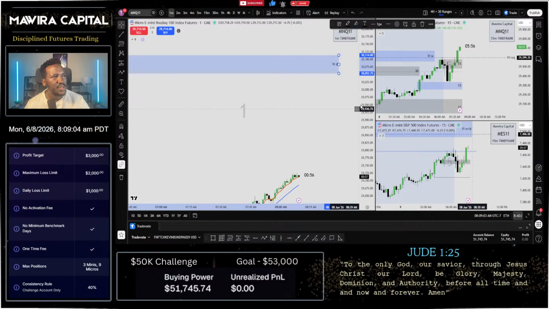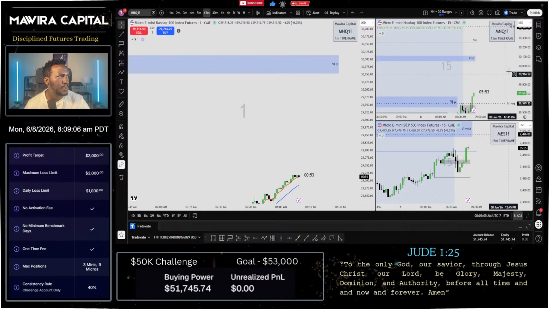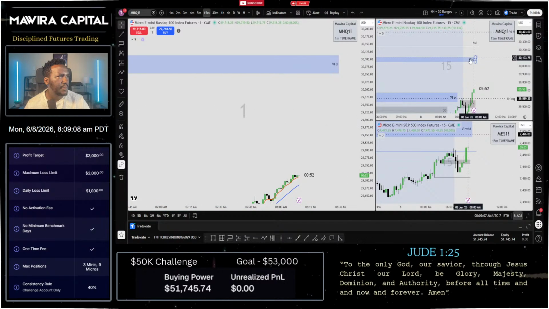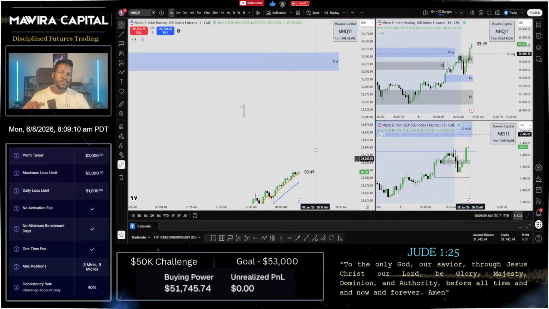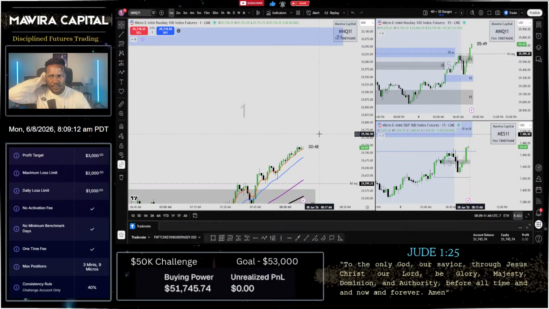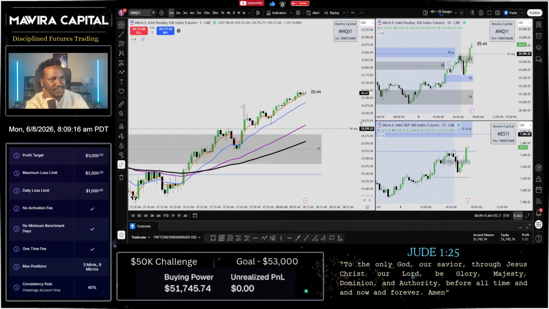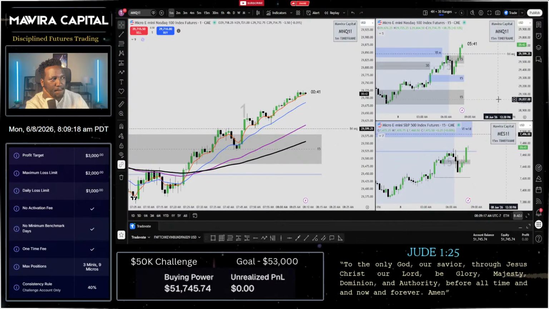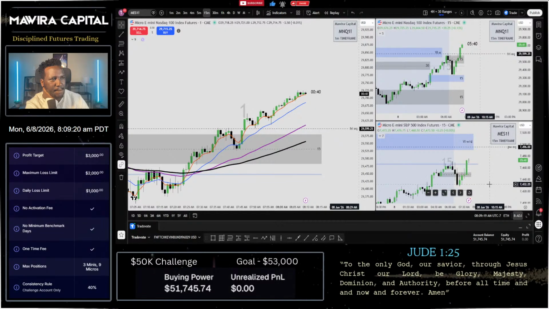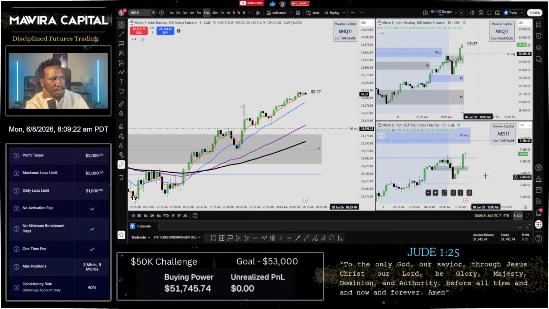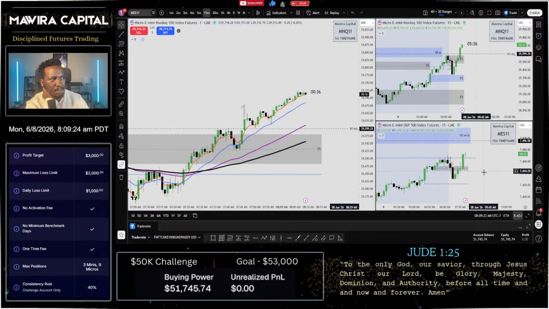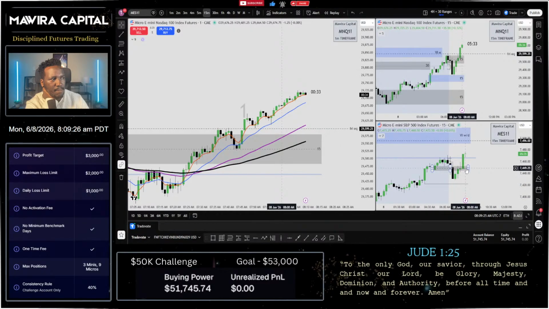FTMO meets TradingView. Up here. We're not using this anymore.